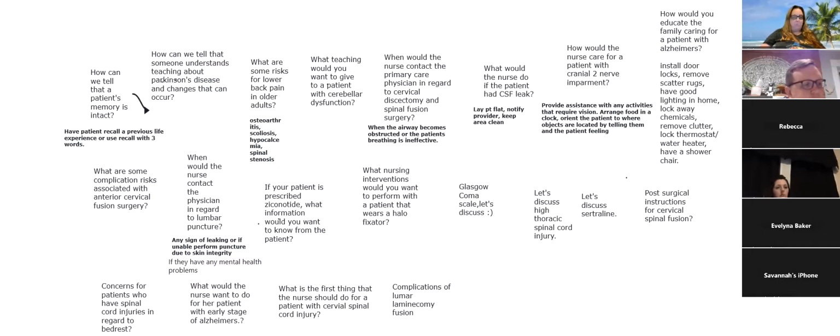Let's see. What are some complication risks associated with anterior fusion surgery? What do we think? We were just talking about anterior cervical fusion, so it's in the front, right? What do you think we are at risk of?